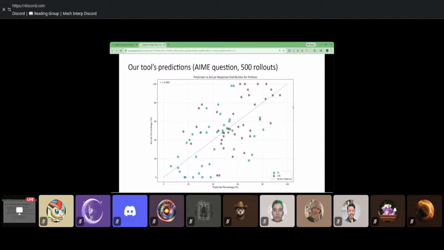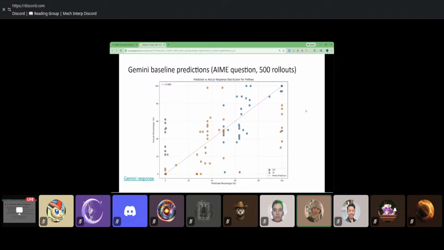This is maybe not incredibly impressive. We still mess up a bunch of times, but there is clearly correlation, about 0.6, 0.58. You can see a bunch of points close to the goal line. It's still kind of a cloud.